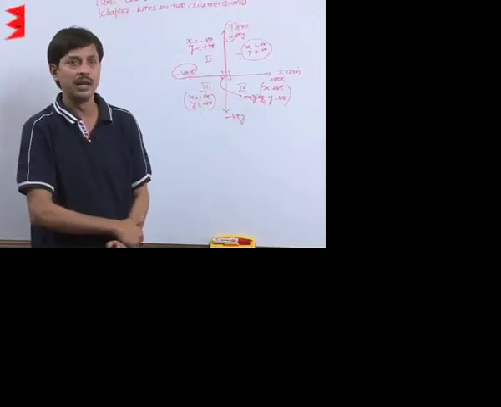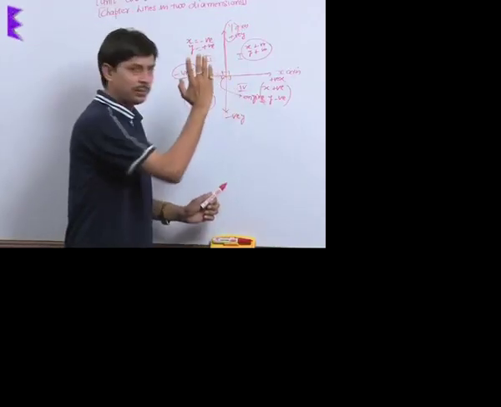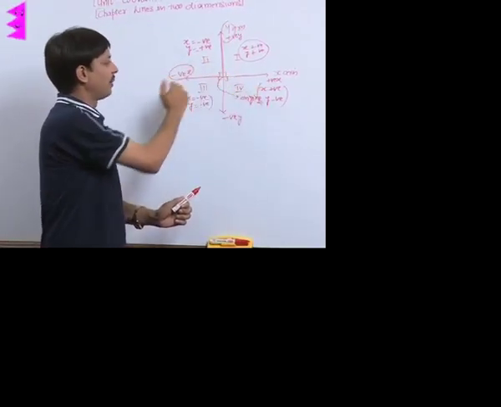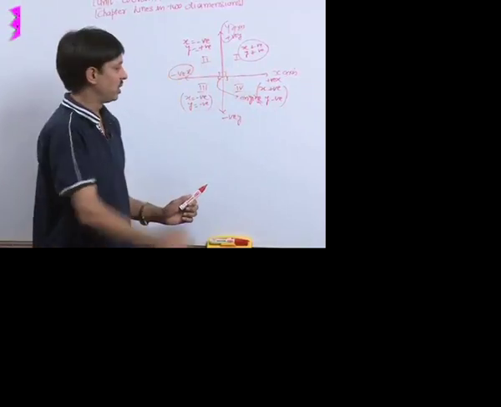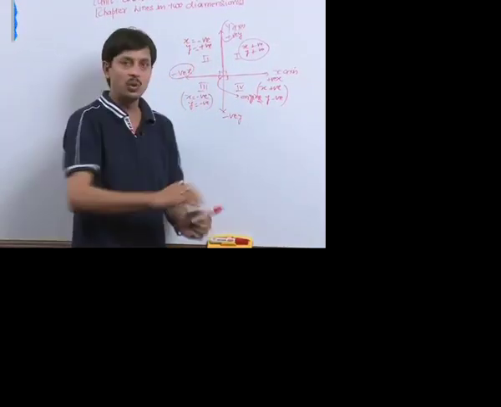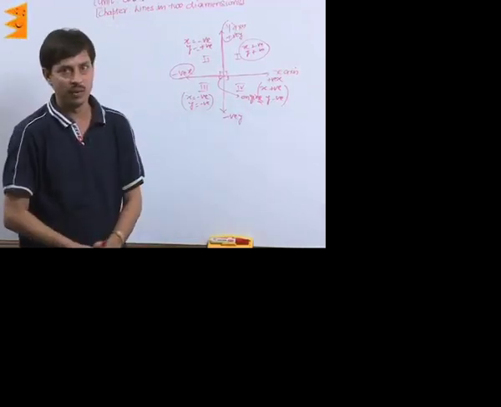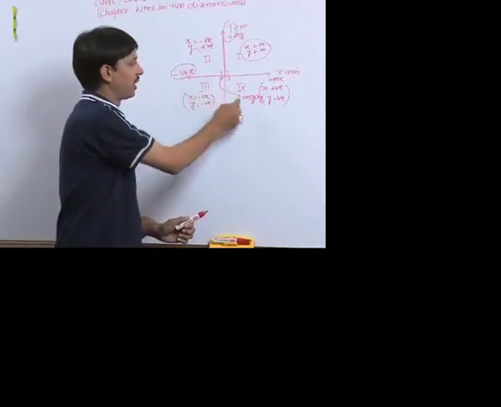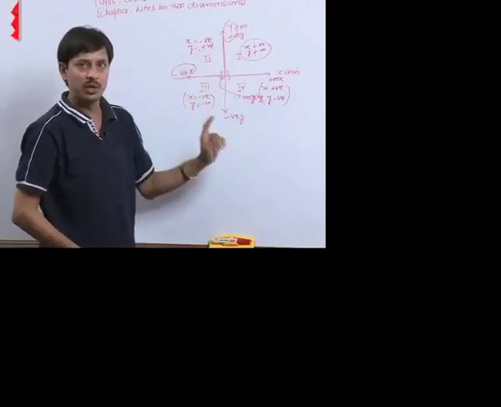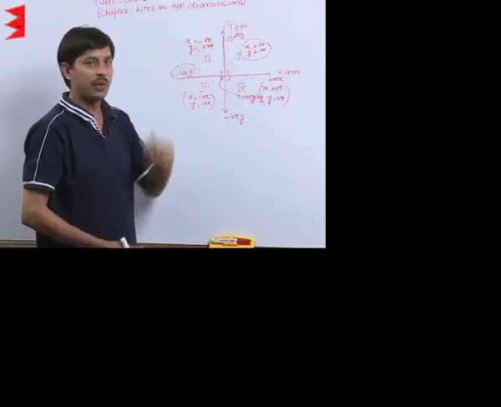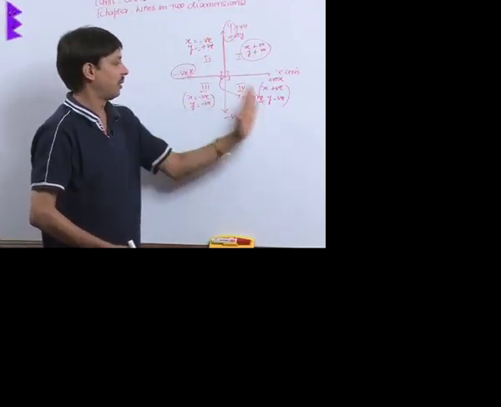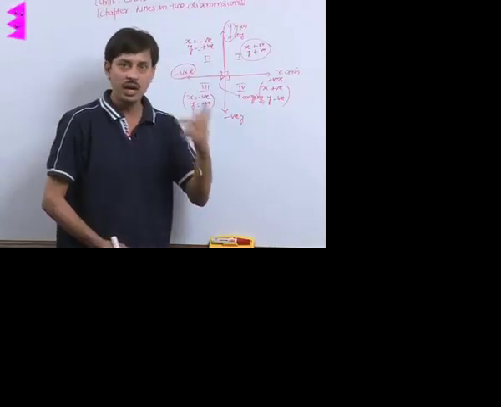The positive zone is the right side from the origin of x, and negative of x is the left of the origin. Above the x-axis is positive of y, and below the x-axis is negative of y. These are the four quadrants. First quadrant, in the combination of x and y both are positive. Second, x negative, y positive. Third, both are negative, and fourth is x positive, y negative.